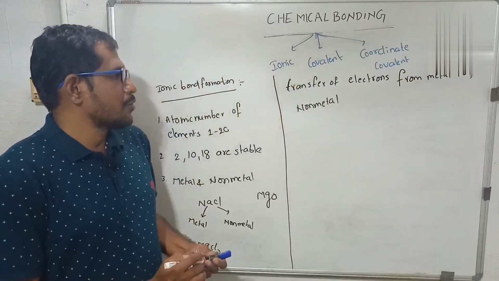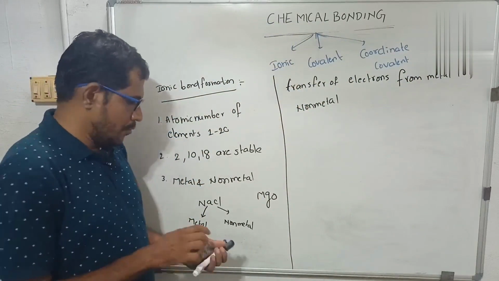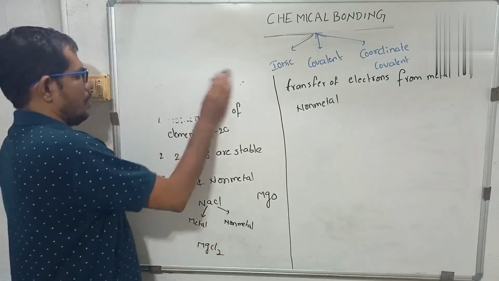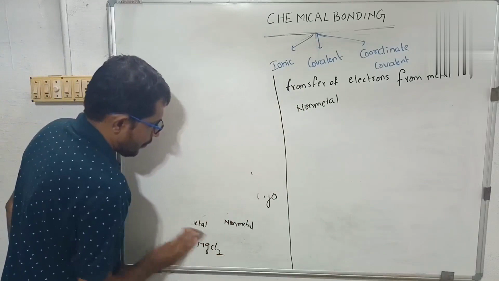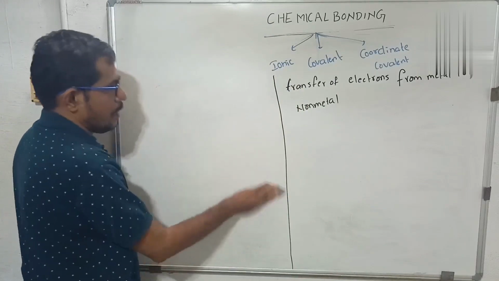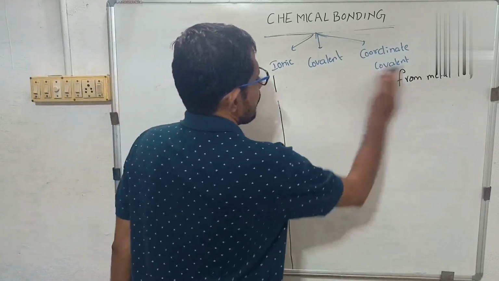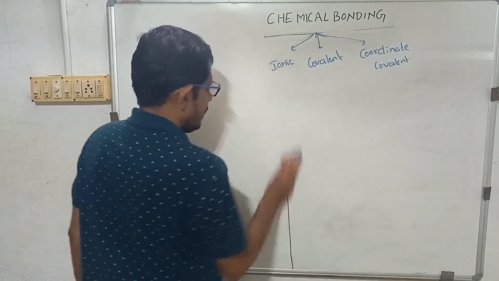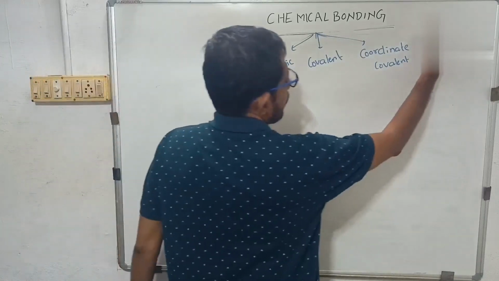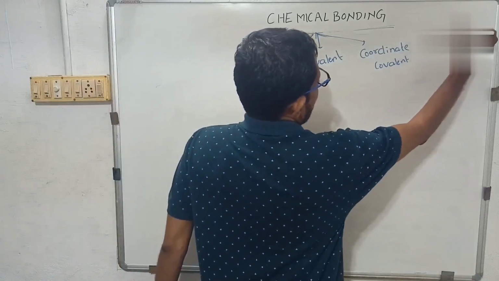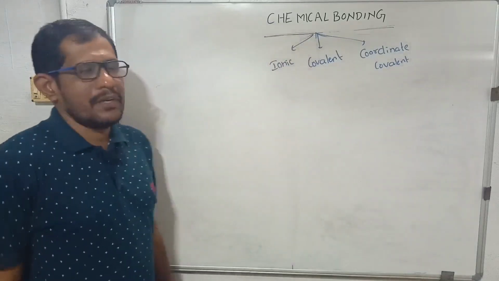Now I am going to show you how the ionic bond formation happens in NaCl. Before that, I am writing here that 2, 10, 18 are stable electronic configurations.